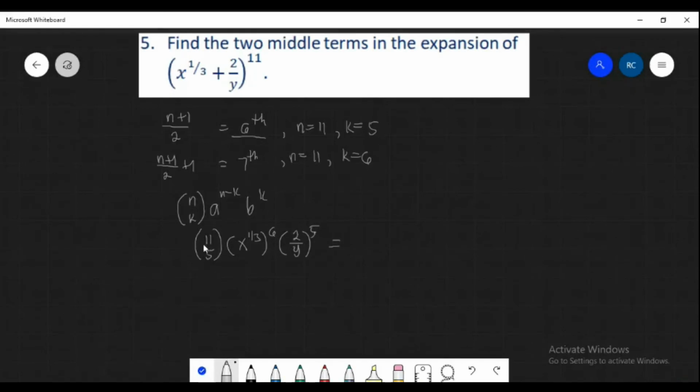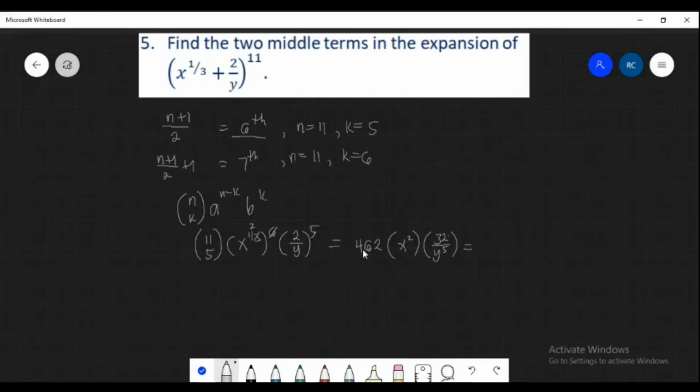Okay, simplify muna natin. What is 11 combine 5? 462 po. 462. Next. Ito, 1/3 of 6 is 2. So this is x squared. Next, what is 2 raised to 5? 32. Okay. 32 over y raised to 5.